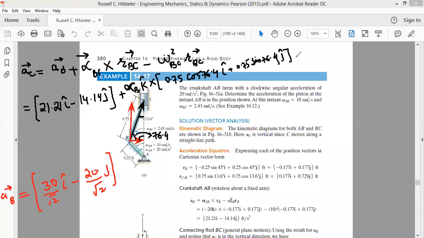Then we have omega BC. As far as omega magnitude is concerned, that is 2.43, so it will be minus 2.43 square multiplied by RBC.